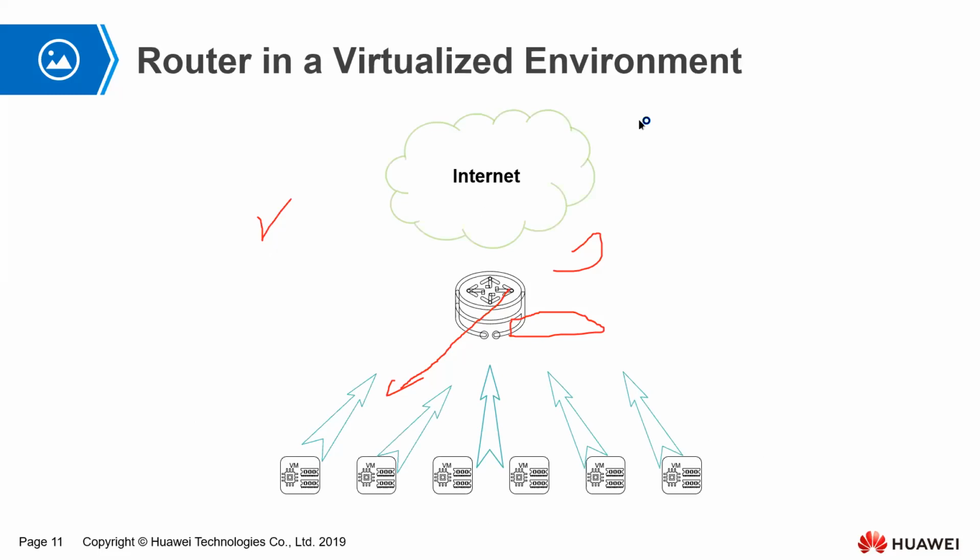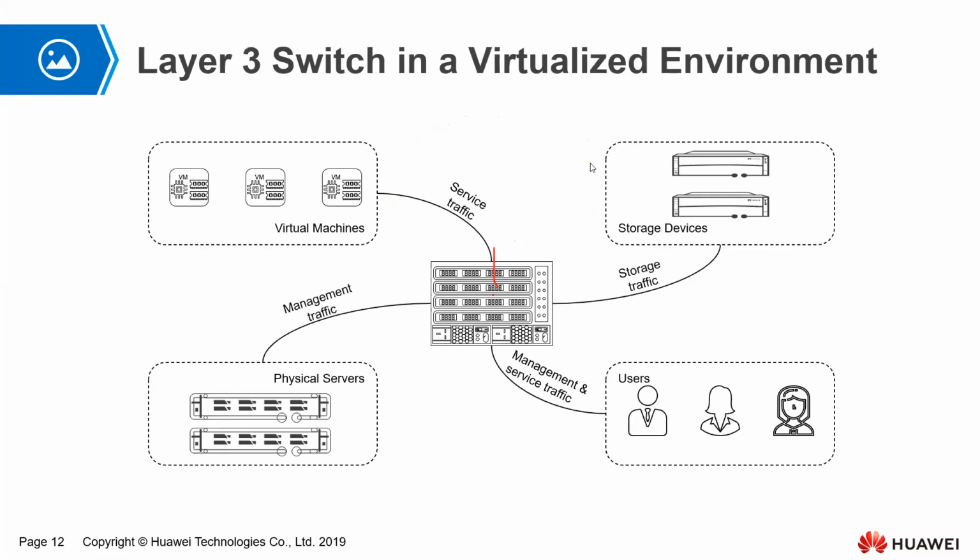So in a virtualized environment, when you send your traffic, it goes through our physical NIC of the computer, then goes through the router, and then to the internet. So that is just an illustration. And of course, they're also talking about here the different kinds of traffic that we can have.